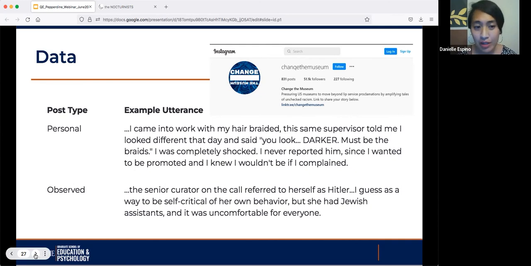And then we have another utterance here, which is observed, where the person was not necessarily saying that they were directly involved, but they are noting that they observed this. In this case, this person was referring to themselves as Hitler, knowing that there were assistants who were Jewish. So these are the types of posts that we were examining.